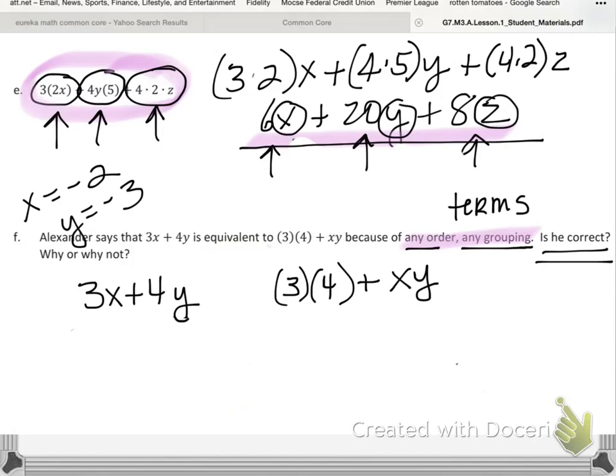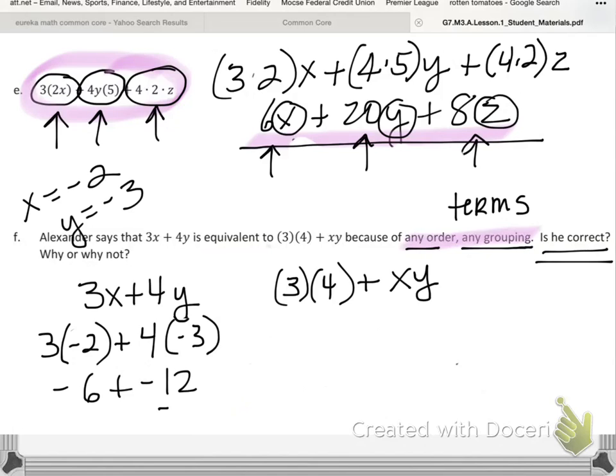So we have 3 times -2 plus 4 times -3. So now we have -6 plus -12, and that equals -18. Now you know that there are some differences when we're talking about negatives and positives and multiplying and adding.